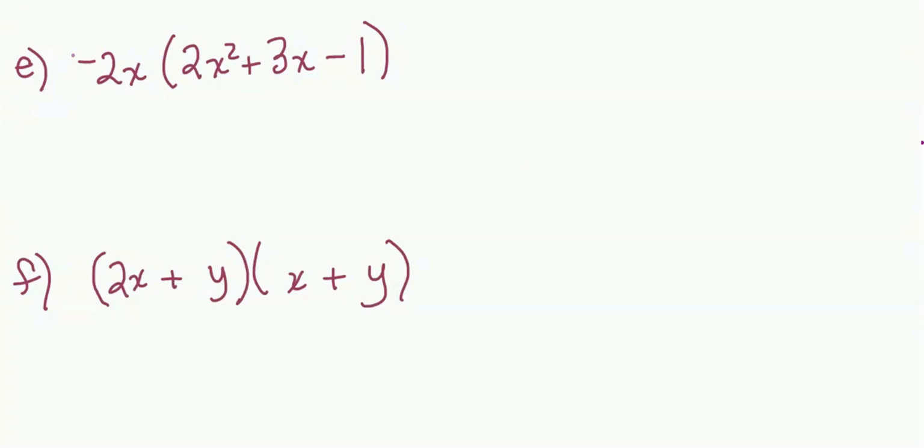Be sure to distribute negative 2x thoroughly. If there are 3 terms inside the parentheses here, after you distribute your negative 2x, you should have 3 terms outside of the parentheses. So here we'll have what? Negative 2 times 2? Negative 4. And now x to the 1st power times x squared is x cubed. Now negative 2 times 3, that's going to be minus 6.